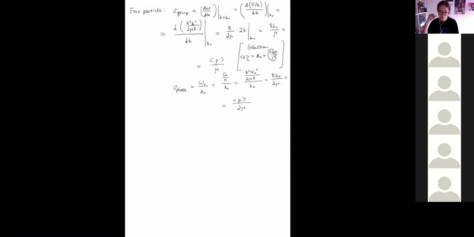But for most mediums, and like here for vacuum, the phase velocity is less than the group velocity. In any case, the idea is that these are two different notions which you can introduce for the wave packet.